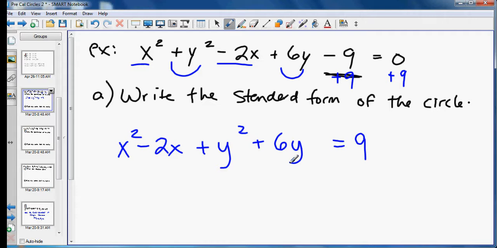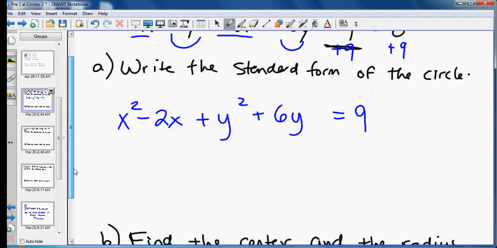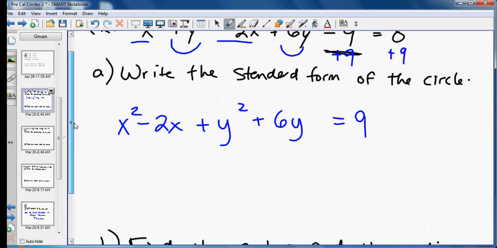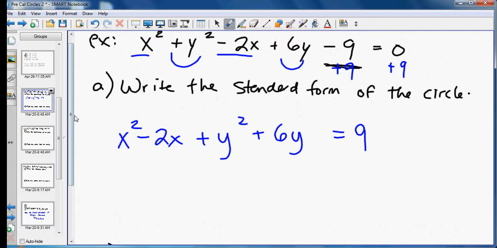Alright, now we are ready to do completing the square. So we start by focusing on the x's. Before I do that, I just want to make sure I emphasize one more time what we did here. We added the constant over to the other side, so it was by itself over on the right side, and we reordered all the terms on the left so that the x's were together and the y's were together.